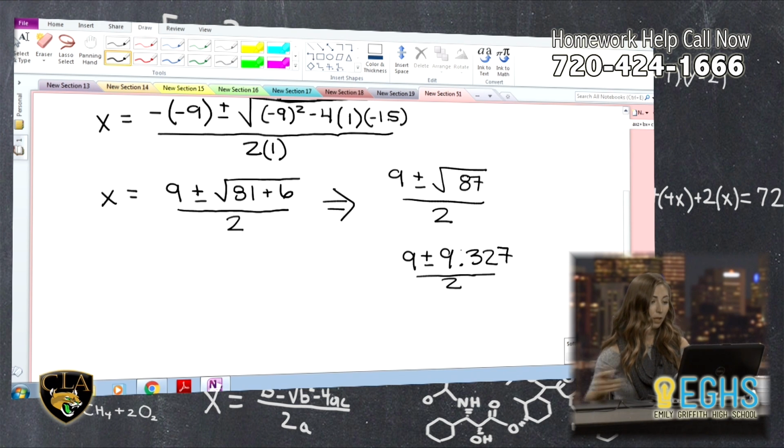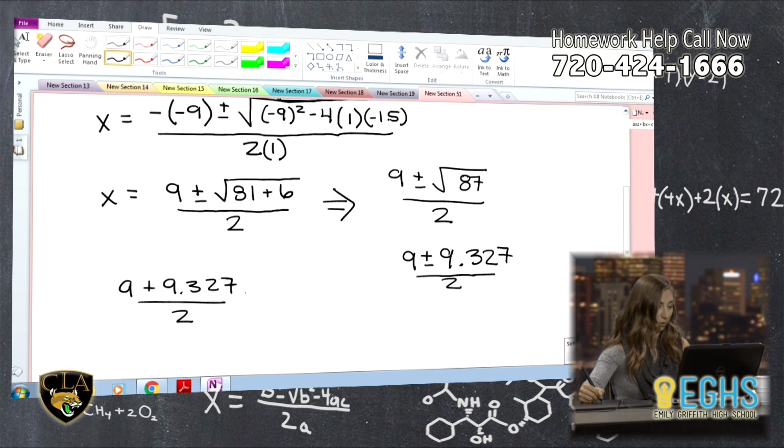So I have 9 plus 9.327, and then divide that by 2, which gives me 9.163.